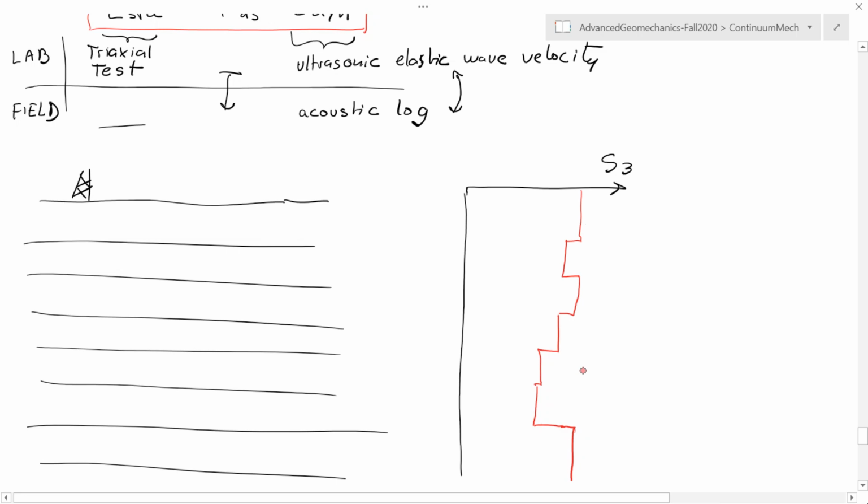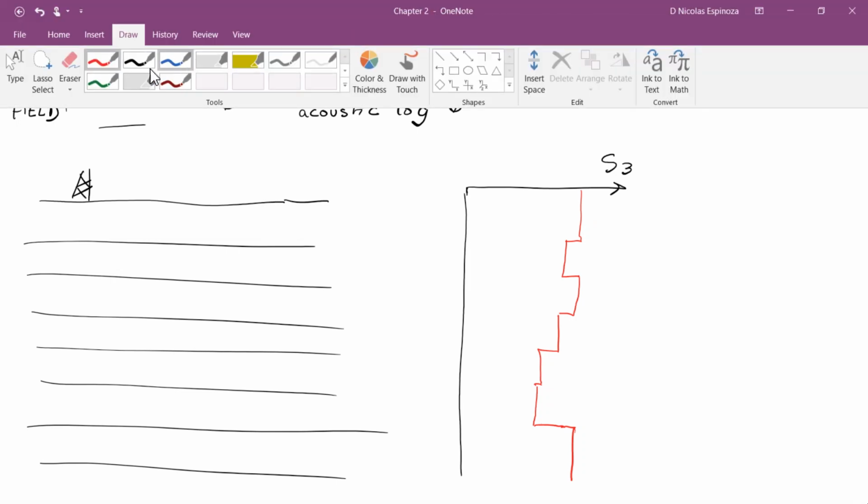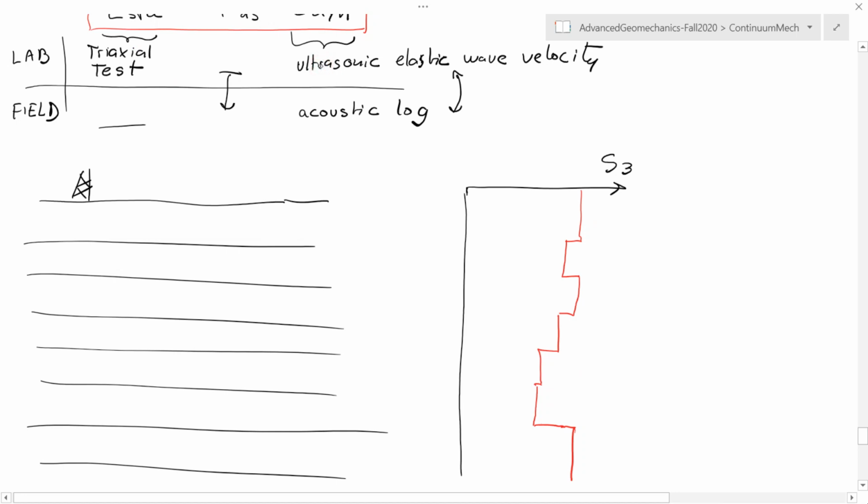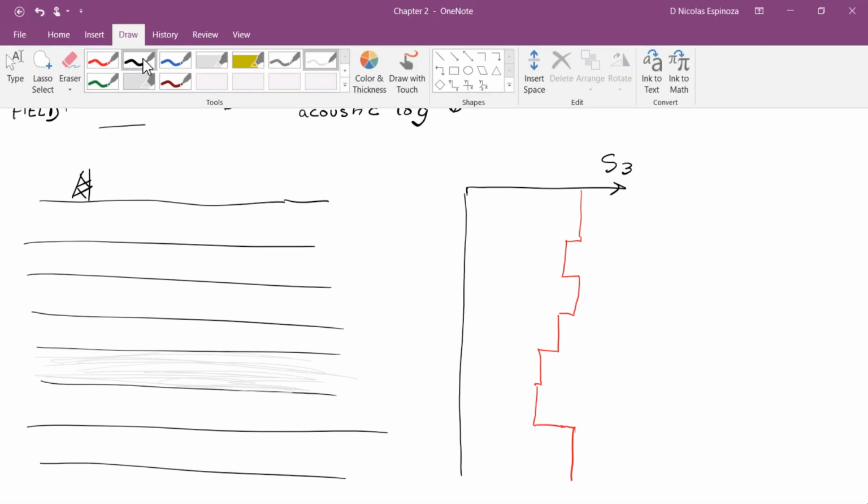And my objective would be, for example, if I were to perform hydraulic fracturing in this location, to see where that fracture will grow.